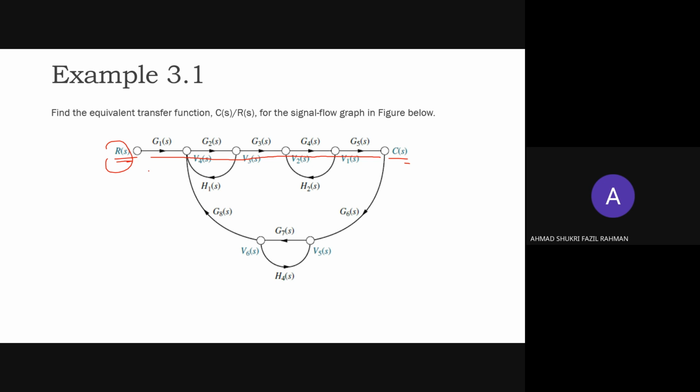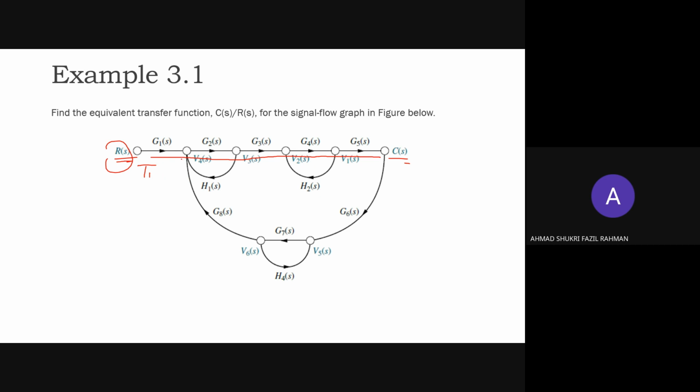So this is, I call it, T1 or forward path 1. And then you observe again, make sure that if there is another forward path available, you need to identify it. So this is the first one, and then try to find the second. If the second is available, you proceed to find the third, fourth, and so on.